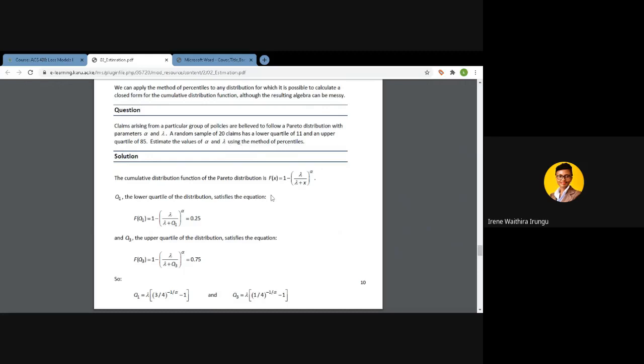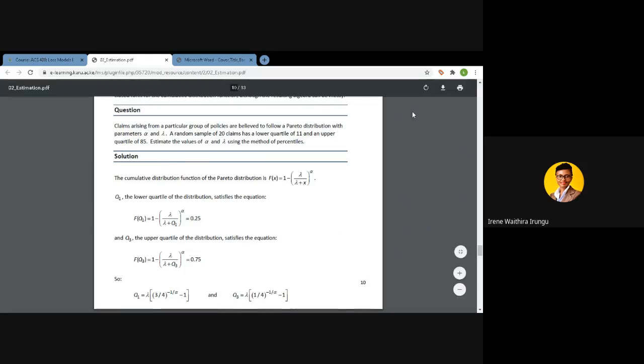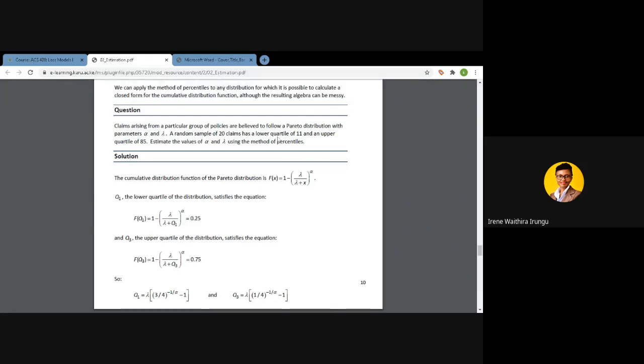So similarly to what we've done in the earlier question, we use the CDF, because in evaluating these quartiles we are looking for the probability that our random variable X is less than or equal to a specific value. And by that, it simply means we are substituting into our CDF at a particular point.